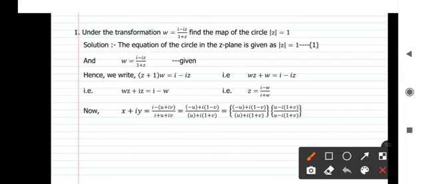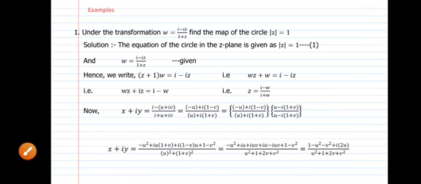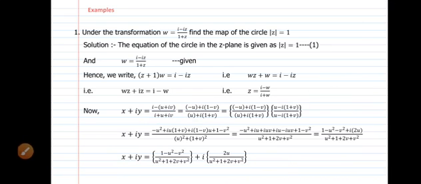So on solving this term in terms of u and v with proper multiplication by the complex conjugate of this simplified denominator, we get x equal to (1 minus u square minus v square) upon (u square plus 1 plus 2v plus v square), and y equal to 2u upon (u square plus 1 plus 2v plus v square).